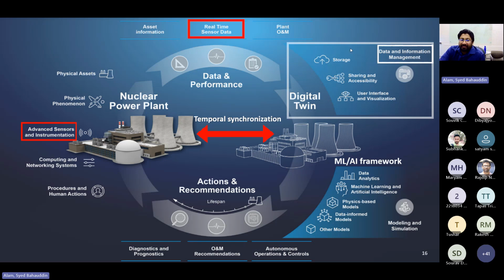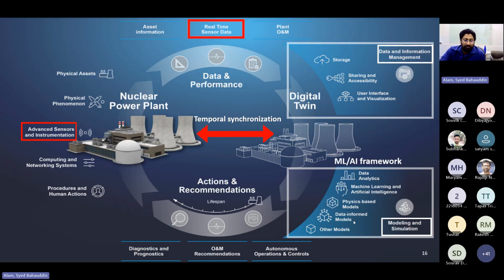You have to put your data somewhere. Data and information management is the place we put our data. When you have the data, now you have everything, so you go into the modeling and simulation box, where you put different types of sub-boxes to work on that, and all the models and everything you can run. And the recommendation is that you can have it for the lifespan.